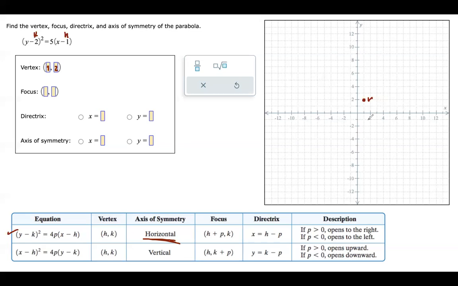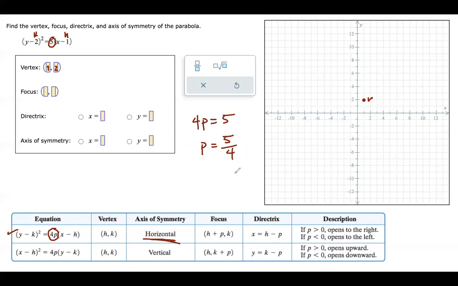So in order to find the focus, we are going to use the fact that this right here is 4p. So now we can say that 4p is going to be equal to 5 in this equation, and that would make p 5 over 4.